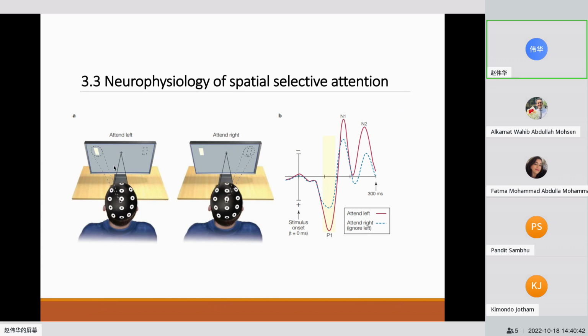The subjects were asked to fix their eyes on the central crosshair here, while stimuli are flashed to the left or right fields. The participant is instructed to covertly attend to the left stimuli and ignore those on the right.